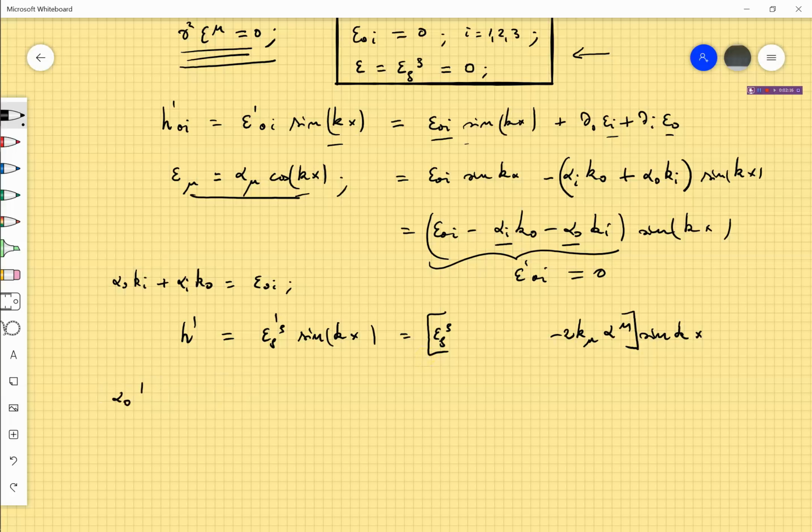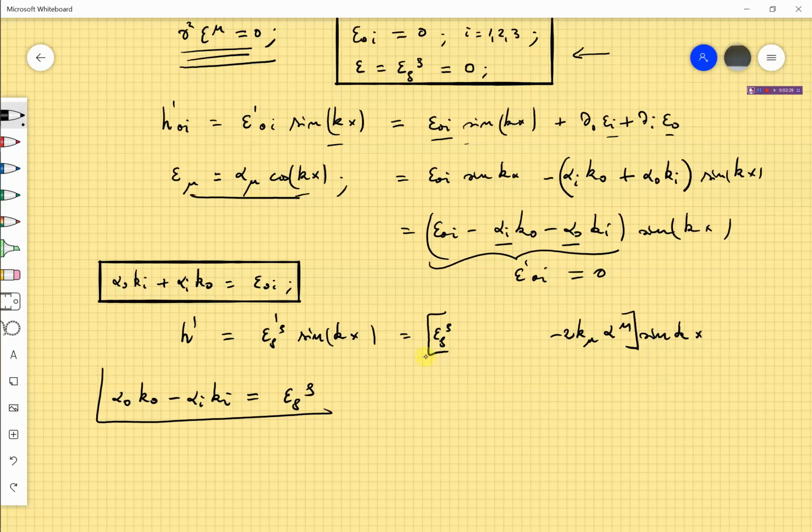So it's alpha 0 k0 minus alpha i ki equal to epsilon rho rho. So there is this condition and this condition, and now what we have to show is that you can solve for alpha 0 and alpha i in terms of k and the trace.